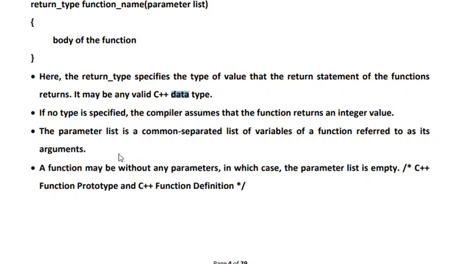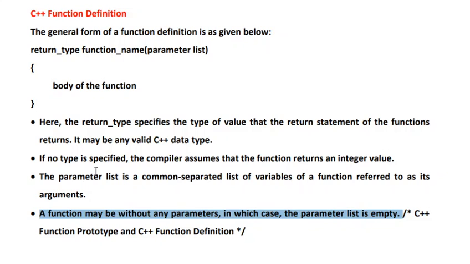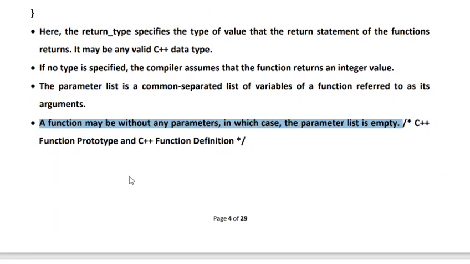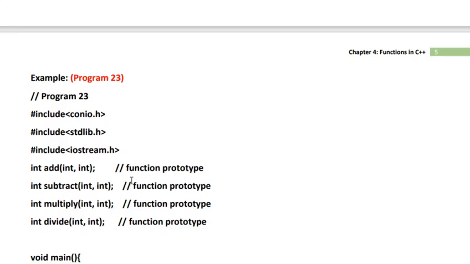A function may be without any parameters, in which case the parameter list is empty. This is implied. So you may or may not have a parameter list. You may not have a return type, but if you do not, by default the return type will be integer. Here we have taken up an example.